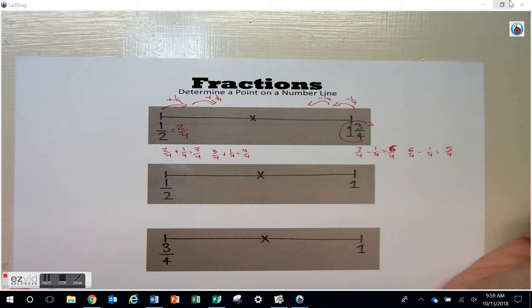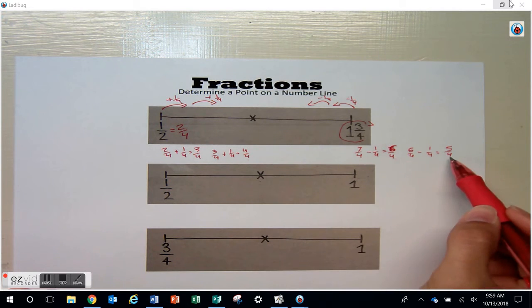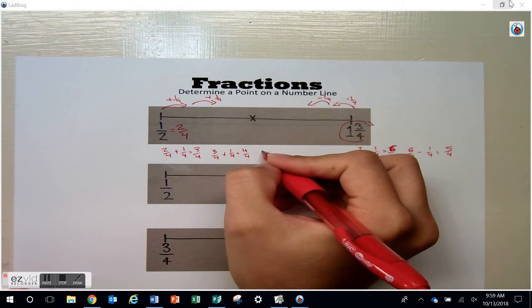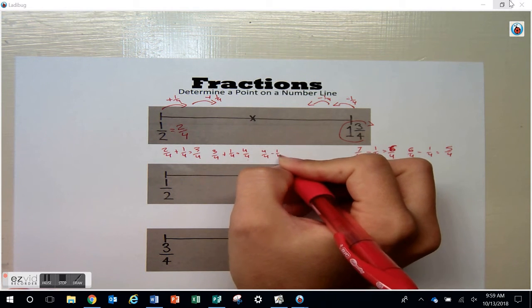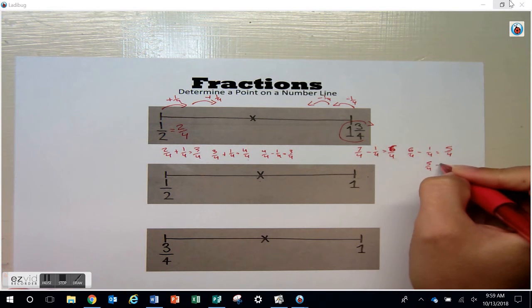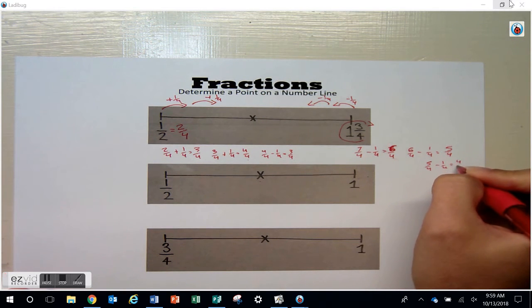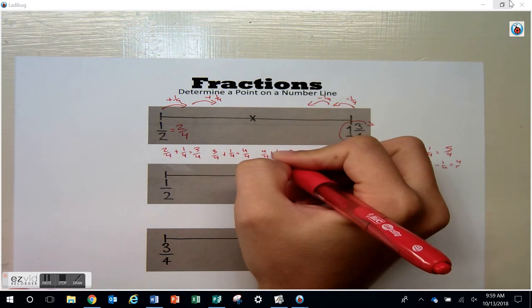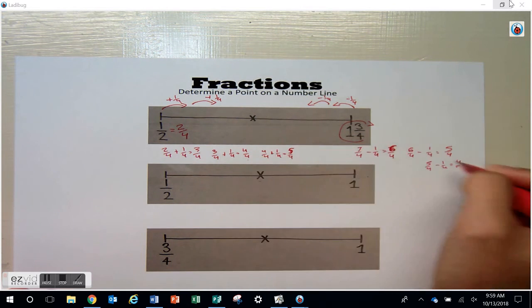So let's try again. 4/4 minus 1/4 gives me 3/4. Or I'm sorry, this is supposed to be plus. Plus 1/4 gives me 5/4. Minus 1/4 gives me 4/4. Oh, I went too far past that midpoint.